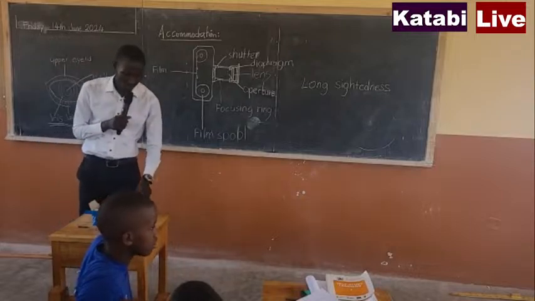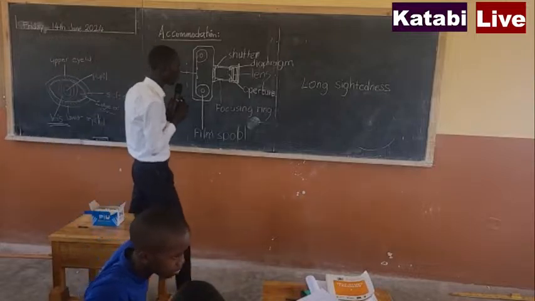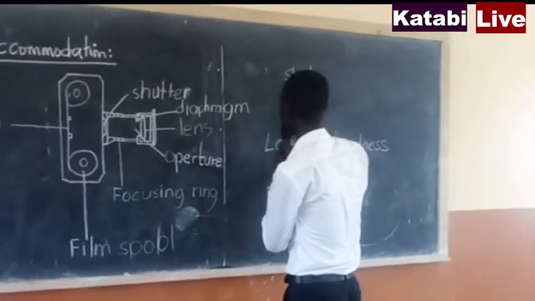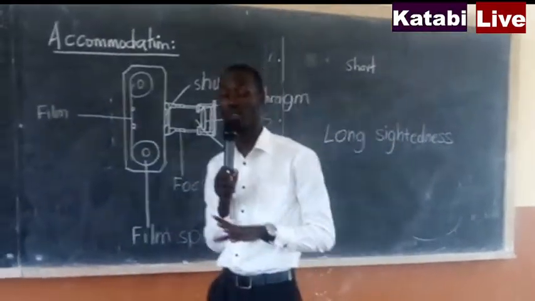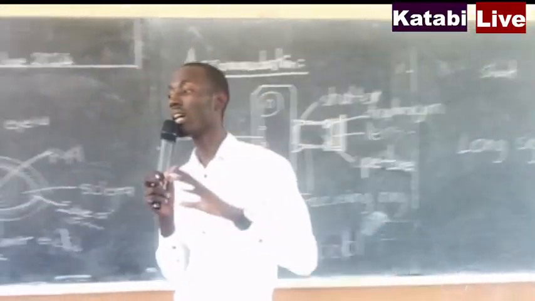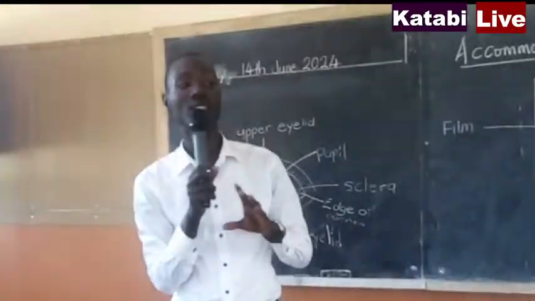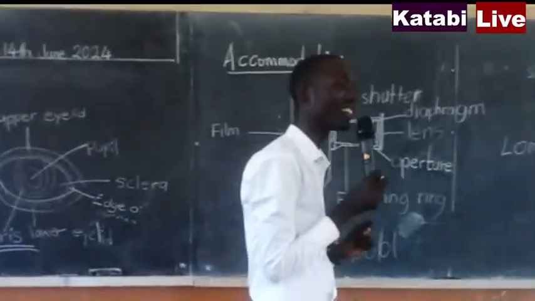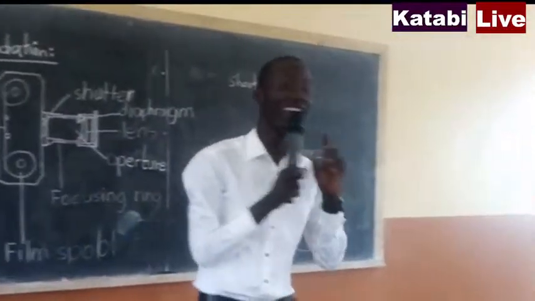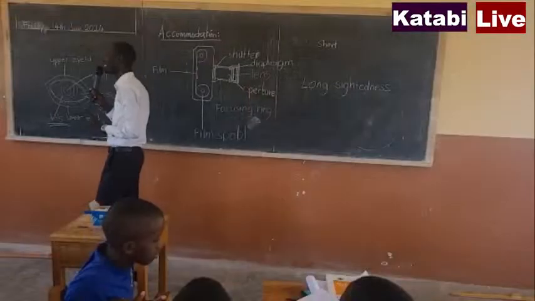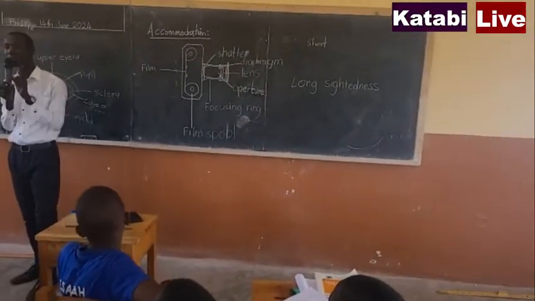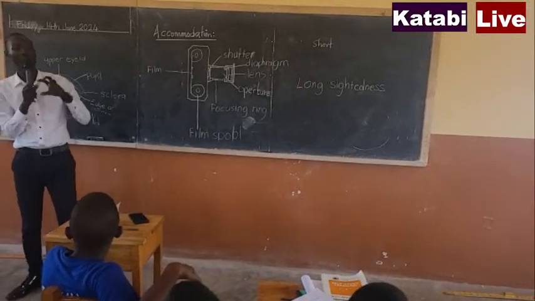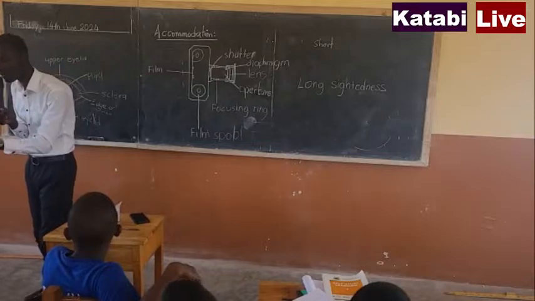And we have seen the causes, what could be the possible causes of short-sightedness. The learners were right: the cause of short-sightedness, number one, is when the eyeballs are too long. So when the eyeballs become too long, there may be hindrance in seeing things that are far, but because they are longer, the light will be converged and you'll be able to see nearby objects.